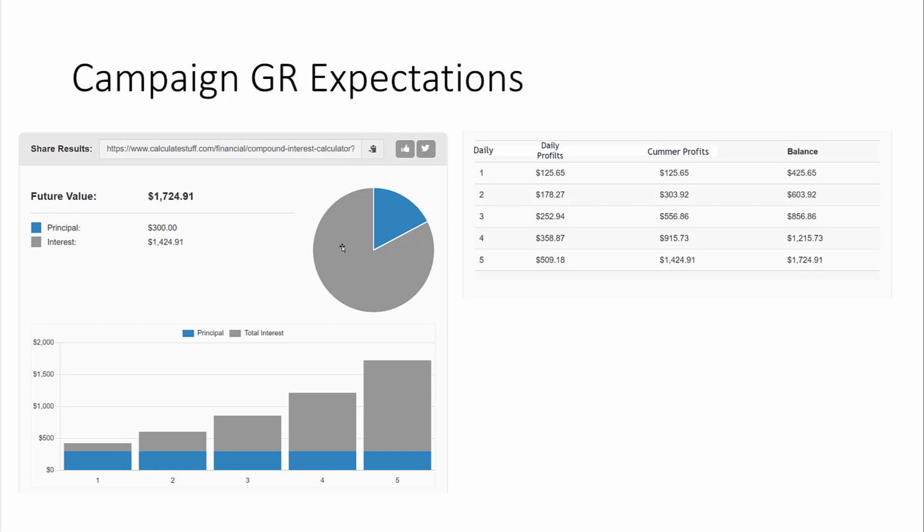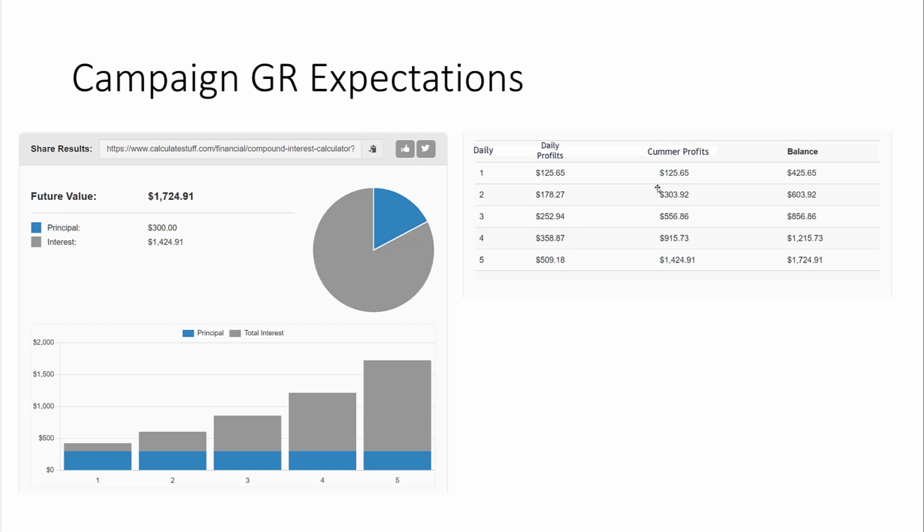So 300 is a good number, and then if you get 35% per trade on average, it could be higher, it could be lower, then your first trade should yield about 125, and then with adjusted allocation amount, it should start increasing every single day, little by little.